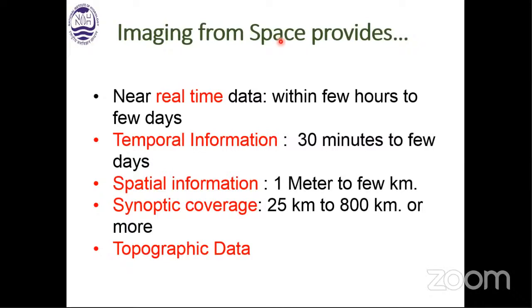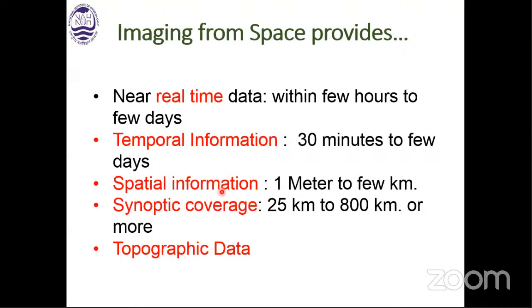Now, what does imaging from space provide? Actually, it provides near real-time data. If a flood happens and the satellite passes over that area after the flood, then we can get the data in near real time. Then we get temporal information, like various rainfall products available at 3 hours or 30 minutes.